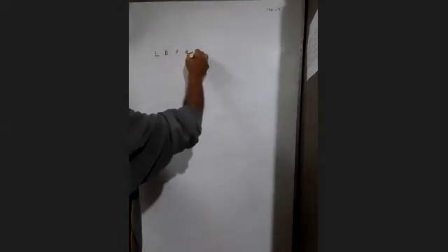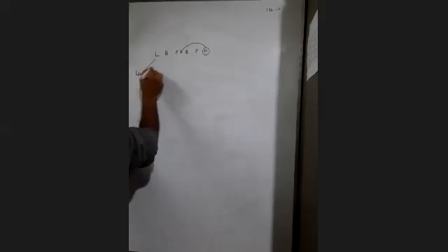Brackett, then Pfund, and Humphreys. Okay, so for time being I'll bring it here. How to remember the sequence of the series? So I'll write it like this. You may laugh, but for remembering, I can do anything.